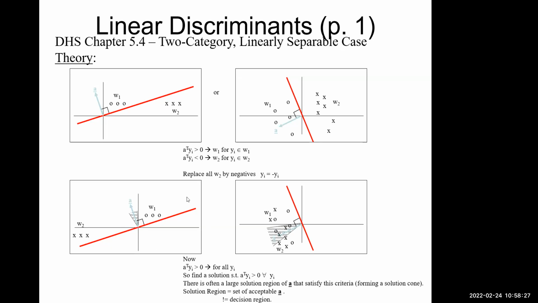Okay. So for Fisher, we're trying to find the weights that enable us to project onto the line. For linear discriminants, we're trying to find the weights which will determine that line that divides the two classes. So here's a couple of example pictures.